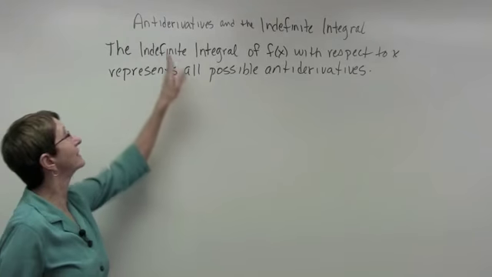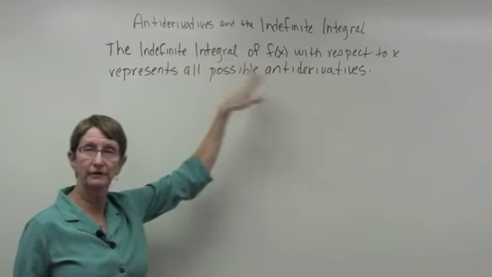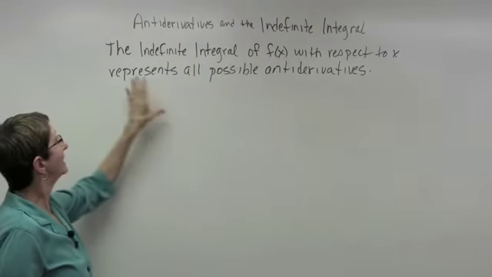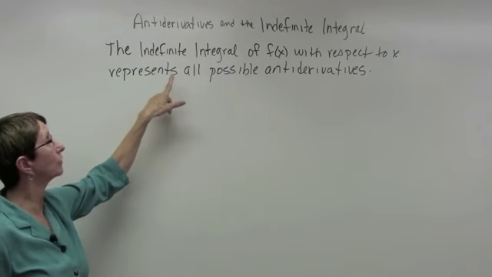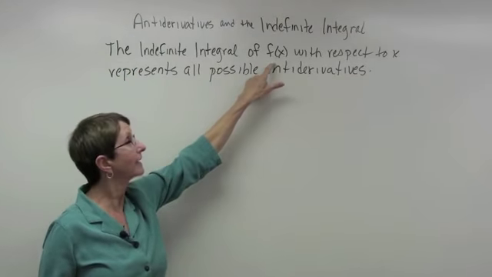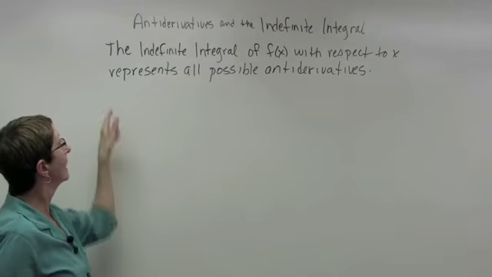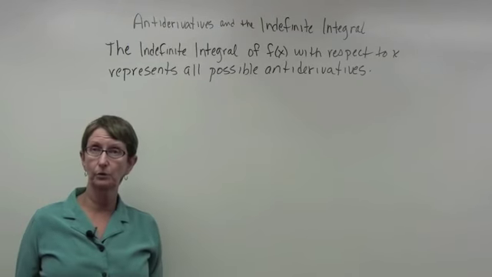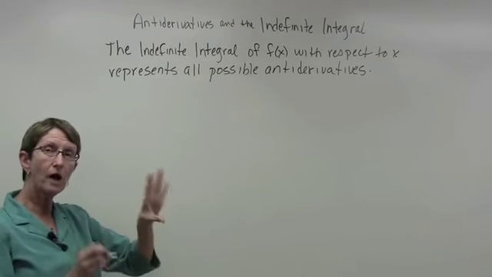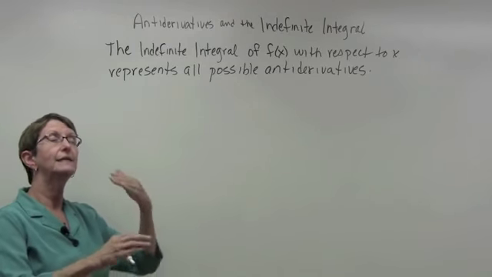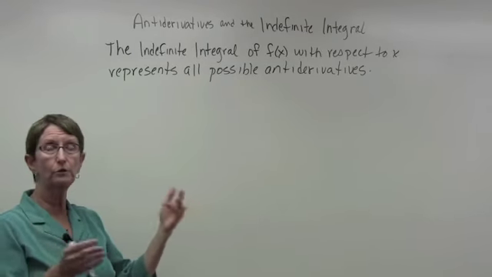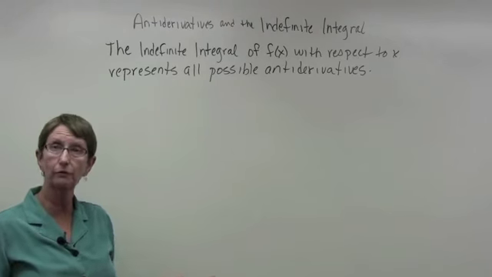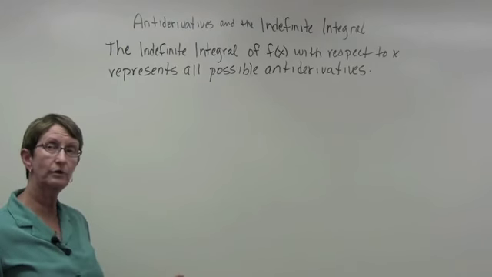Now we're going to look at the second part of antiderivatives and the indefinite integral. And that is that the indefinite integral of little f of x with respect to x represents all possible antiderivatives. So there is one way we can write something that takes care of all those minus 7s or plus 10s or whatever we have when we're looking for an antiderivative.